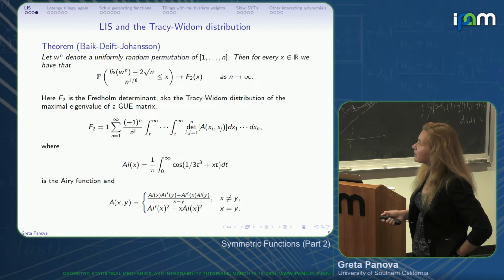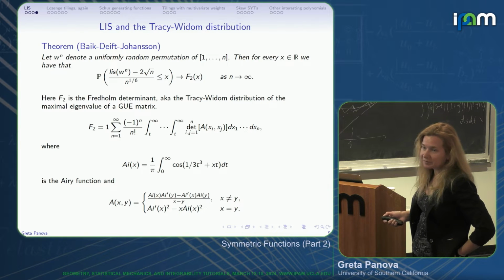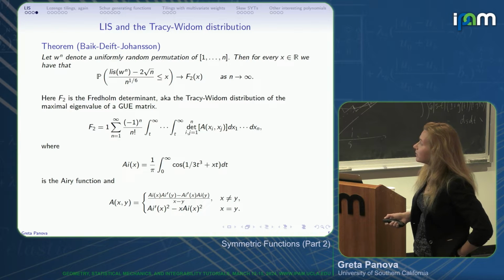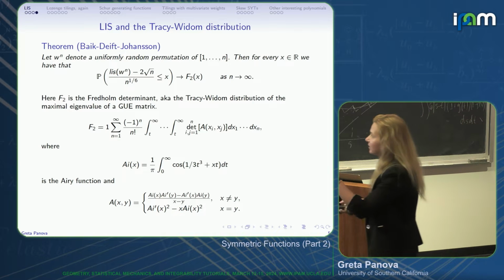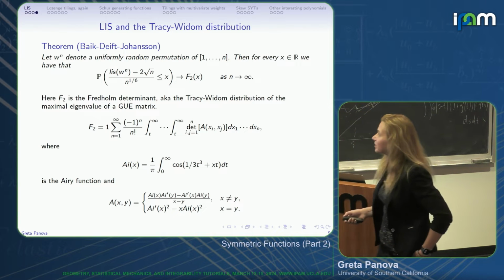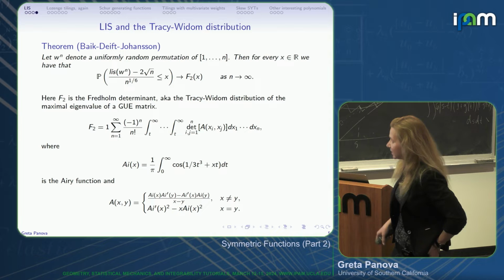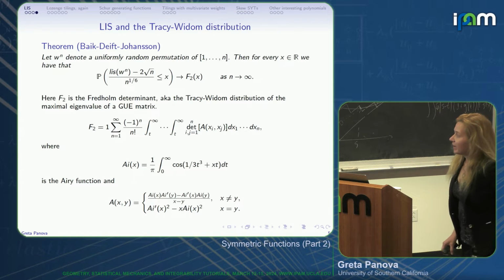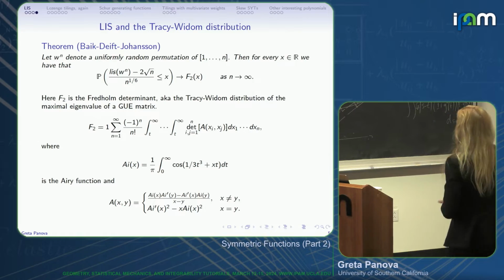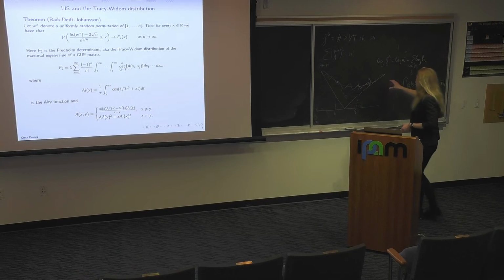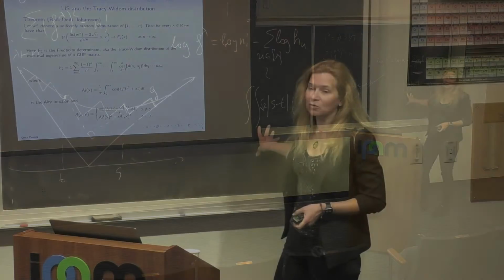So the longest increasing subsequence behaves like the largest eigenvalue of a random matrix. And here is the definition of this function. It's certainly not obvious that this is a distribution function. On this, there should be a plus here. But anyway, how did they do this? They didn't really use the hook length formula.